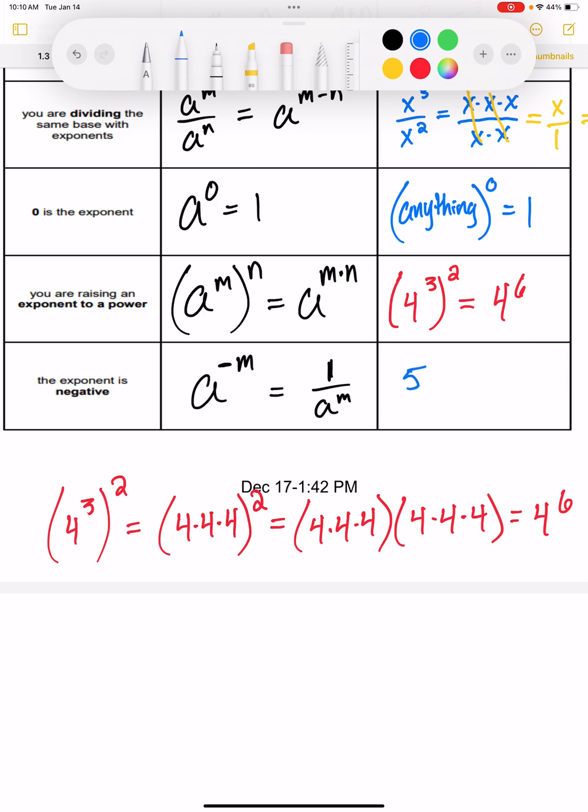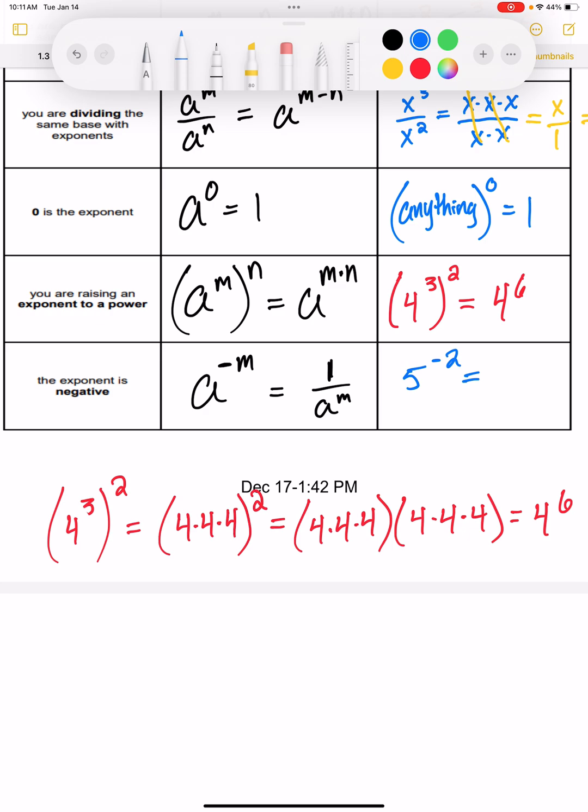If you have 5 to the negative 3, well, I'll just say negative 2, because most people are familiar with 5 squared, right? If I ask you what's 5 squared, you're going to say 25. And if I say what's 5 to the negative 2 power, some people will say, oh, negative 25.